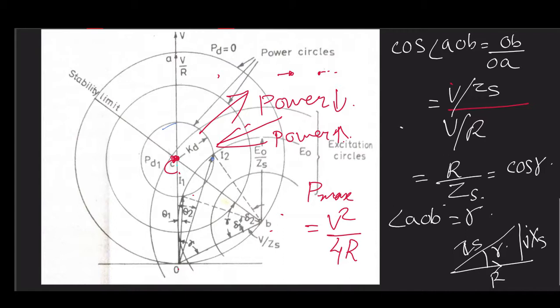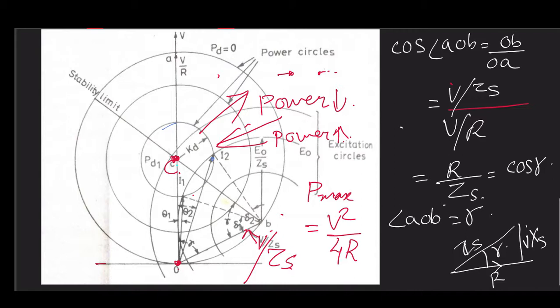Now from this point O, where this is the horizontal line and this is the vertical line V by R, we draw another line, or better to say an arc, with radius V by ZS, where ZS is your synchronous machine impedance.